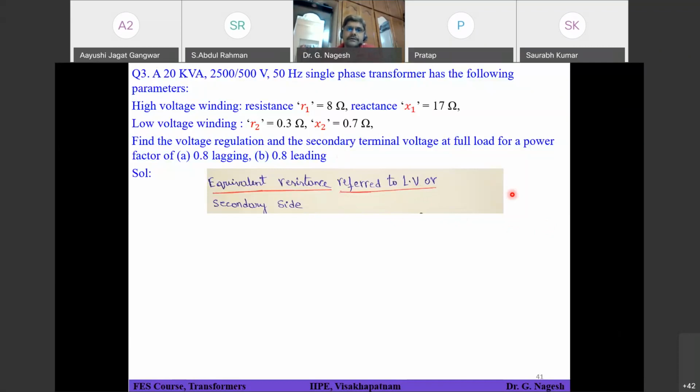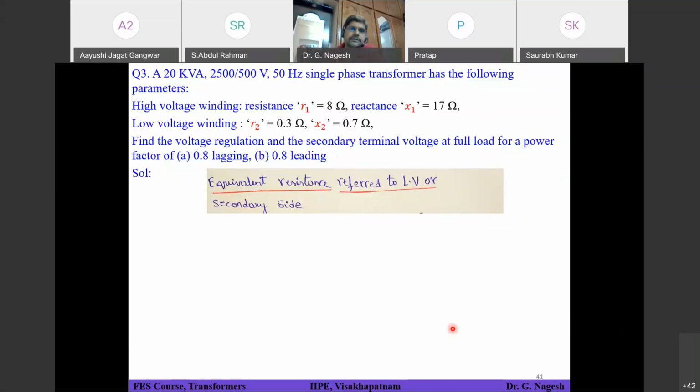So first find out R1 dash and X1 dash. Sir, R1 dash is 0.32 ohms.